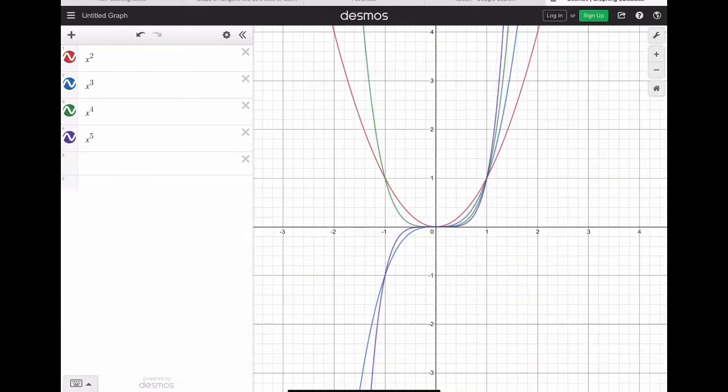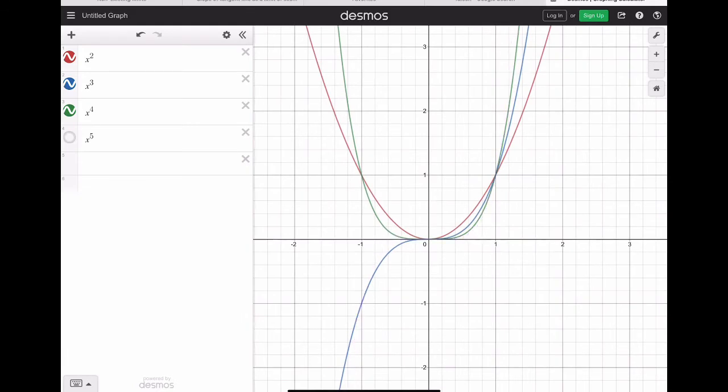Let me zoom in and show you what's happening, right? So as we go through, this is x squared. The next graph is x cubed. So notice that it's flatter near the origin than x squared, but then past (1, 1), it surpasses the x squared graph and starts growing faster. If I draw x to the 4th, it's flatter still at the beginning, but then grows faster past a certain point. x to the 5th is the flattest yet, but then once (1, 1) gets surpassed, it grows the fastest afterwards, right?